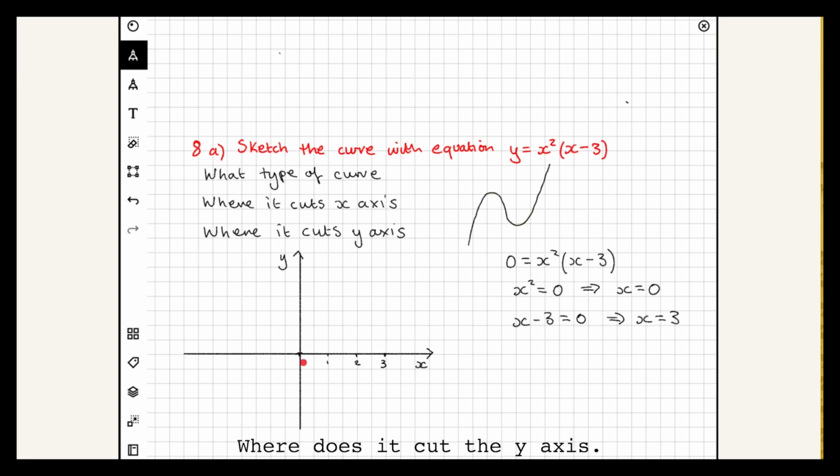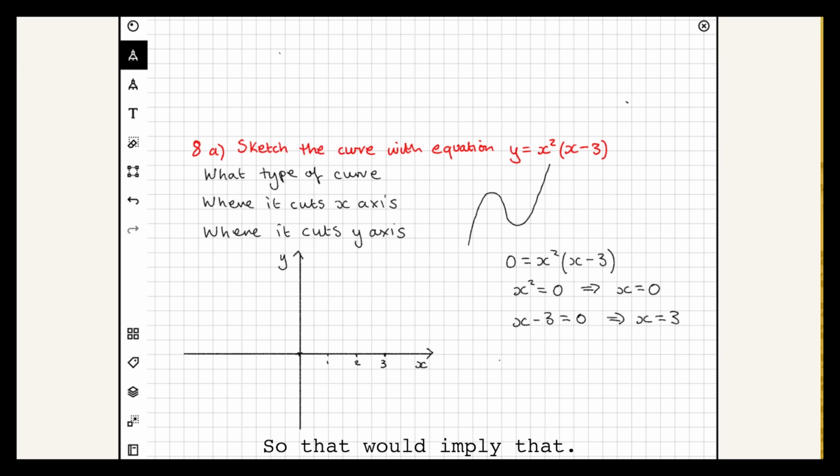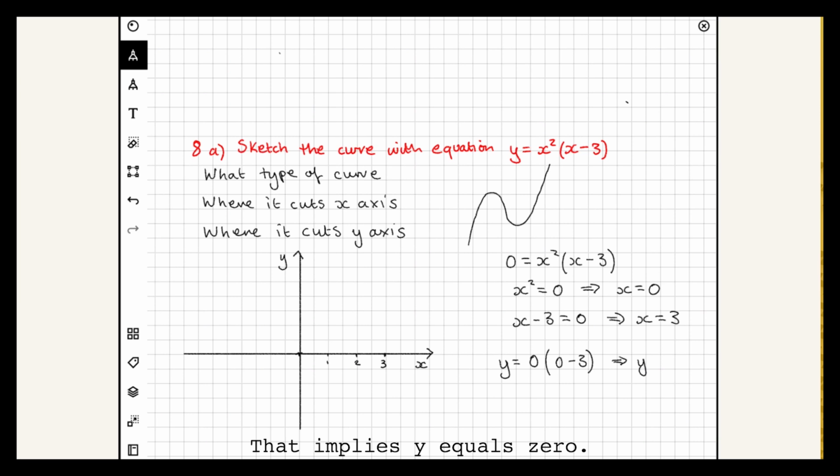Where does it cut the y-axis? Well, we can put that into this equation here. Let's see where it does that. We put in x equals 0, so along this line here, remember, x equals 0. 0 into 0 minus 3, whatever that is, and y equals 0.